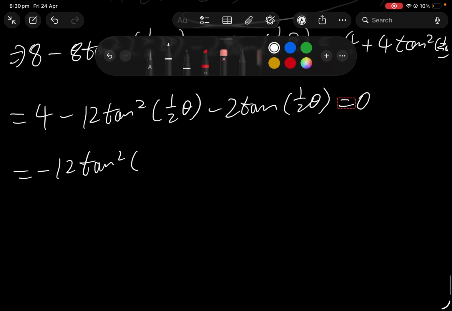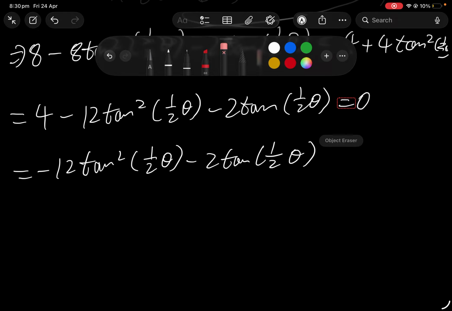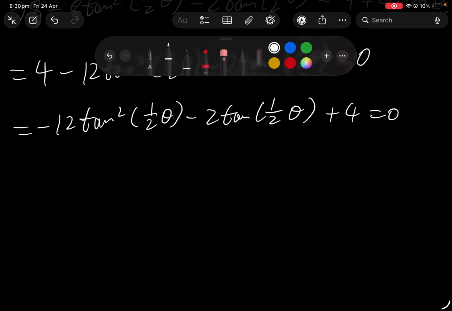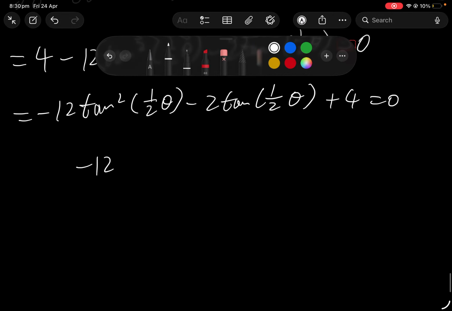And then we can treat tan a half theta as x right now. So we can do what we do for quadratic equations. It'll be plus 4 equals 0. So I like using the cross method, so I'll try to do that right now. Sometimes it doesn't work, but it should, because it's simple numbers.